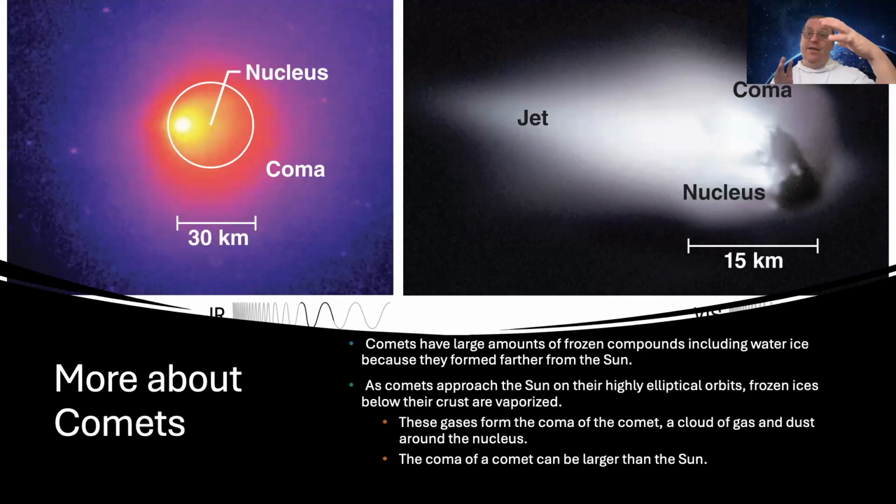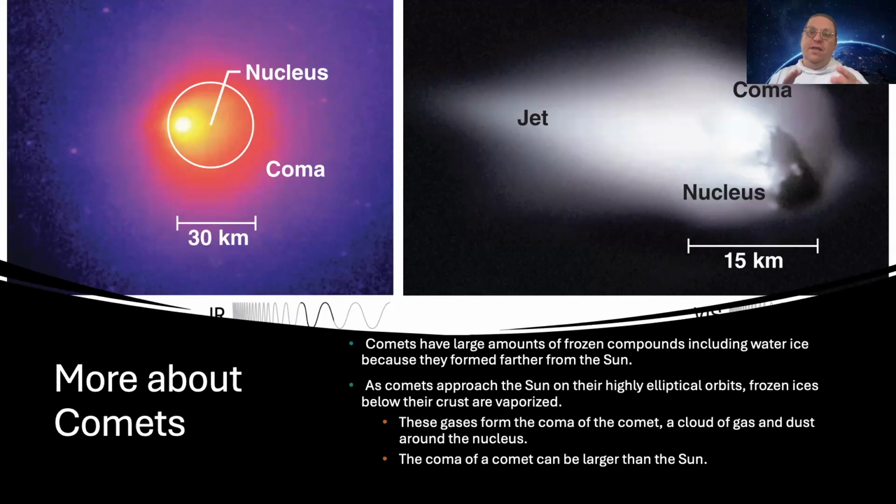Surrounding that is, if the comet gets close enough... So if this particular comet, for example, were way beyond Pluto, then it would probably just be the nucleus. As that nucleus comes closer to the sun, it's going to heat up.